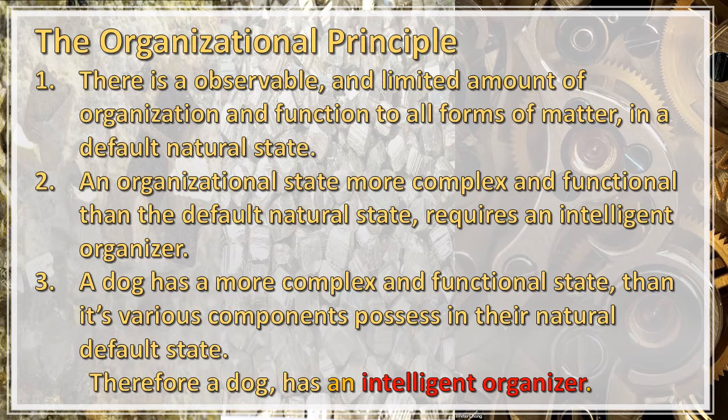And this is confirmed by the fact that even all the minds in the world put together couldn't create a single little puppy out of the 11 elements that make them up. We could only recreate one using the pre-existing DNA code given to us by the original intelligent organizer.